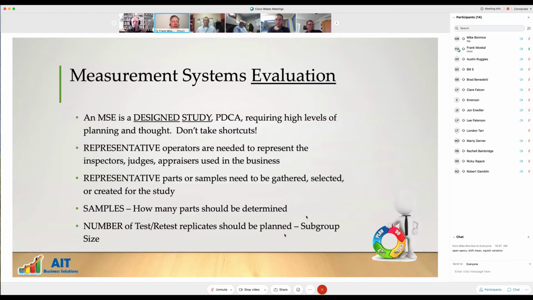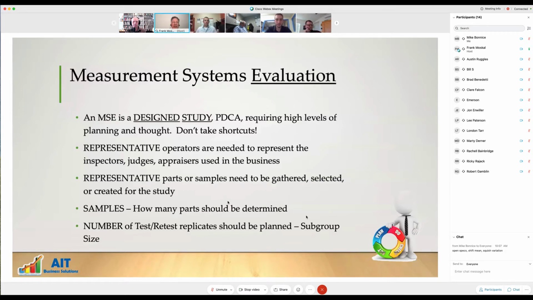The topic today is measurement system evaluation. We always want to remember that measurement system evaluation is a study. It's a design study to glean really specific information to make decisions about your measurement system. The whole idea, and I know I've pounded on this many times, is representative operators.